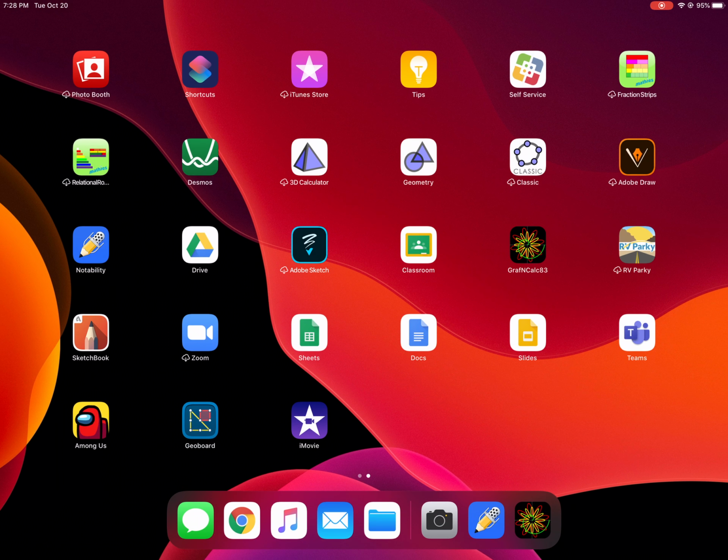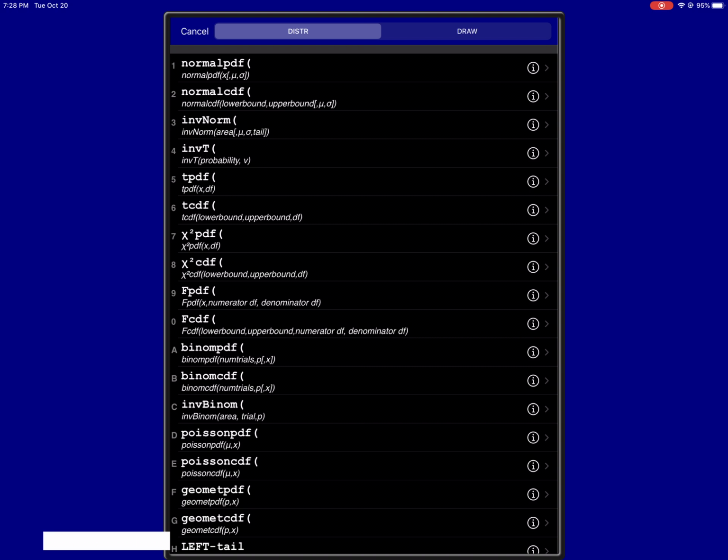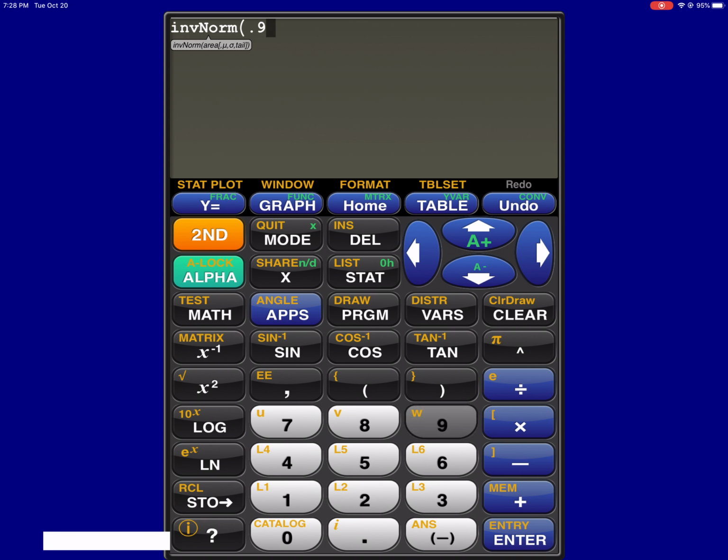Let me jump back to the calculator real quick. Second vars, inverse norm, 0.975, 0, 1, equals, so 1.96, which we probably wrote down anyway, but just to show you again in case you forgot.